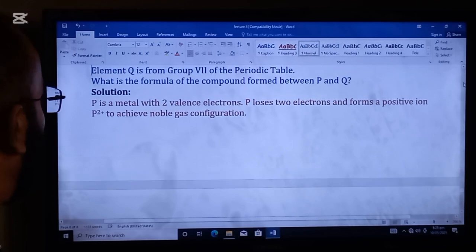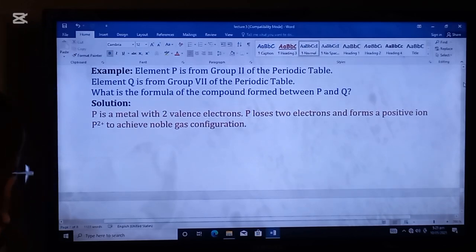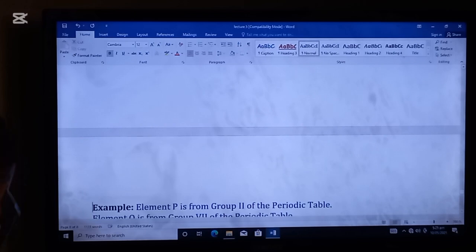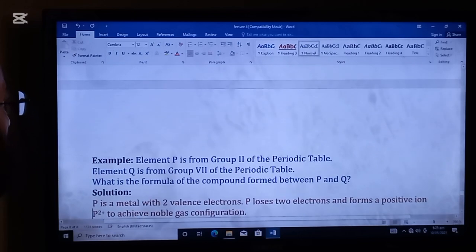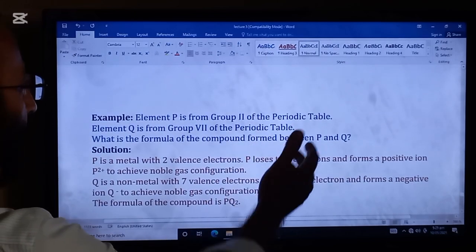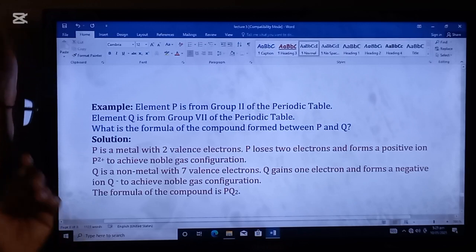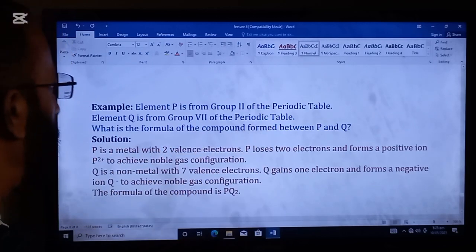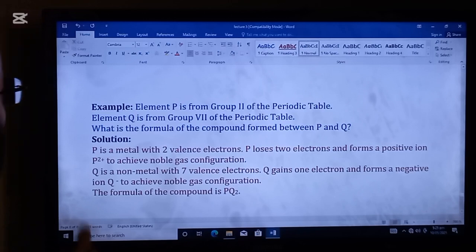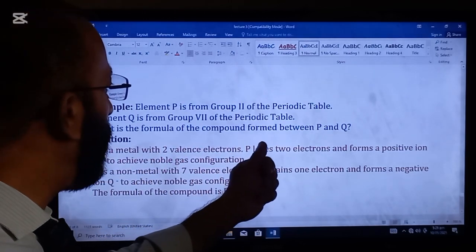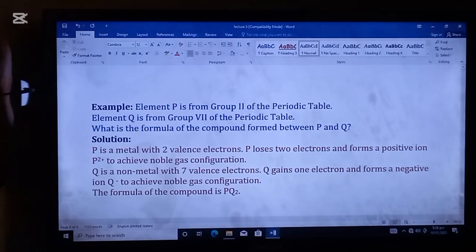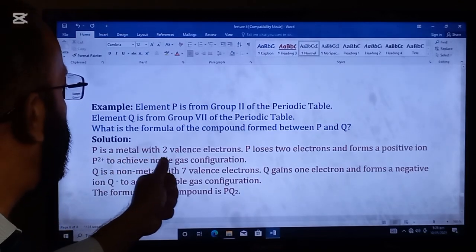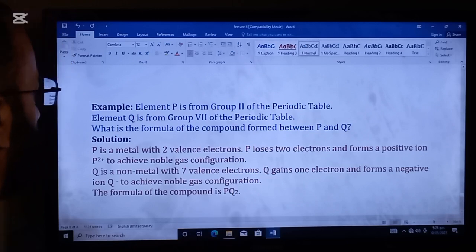Here is another question. Element P is from group 2 of the periodic table. Element Q is from group 7 of the periodic table. What is the formula of the compound formed between P and Q? So the solution is P is the metal with 2 valence electrons.